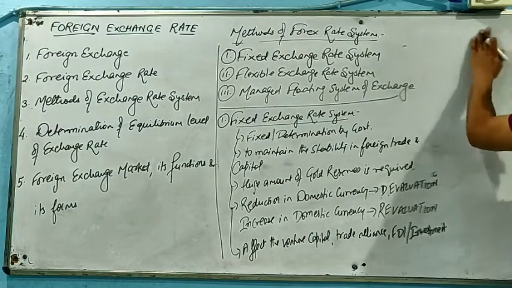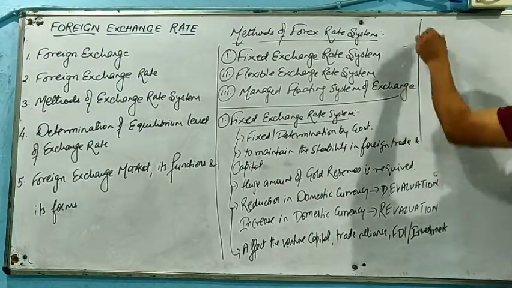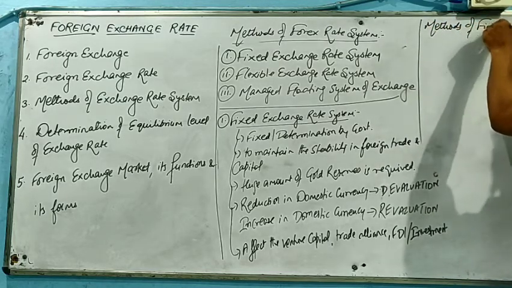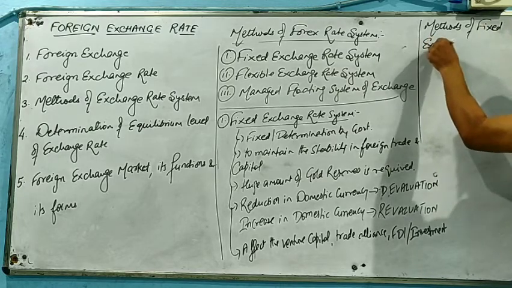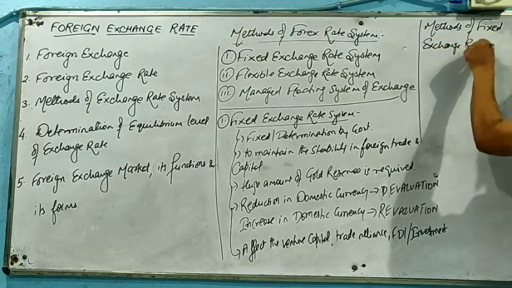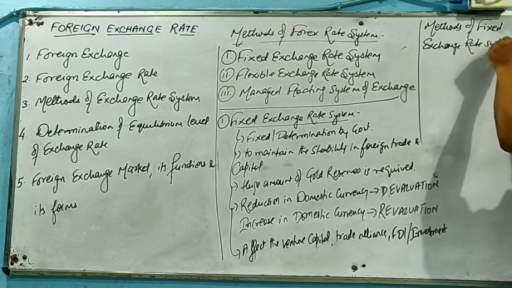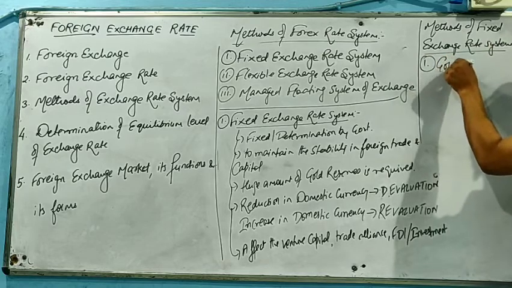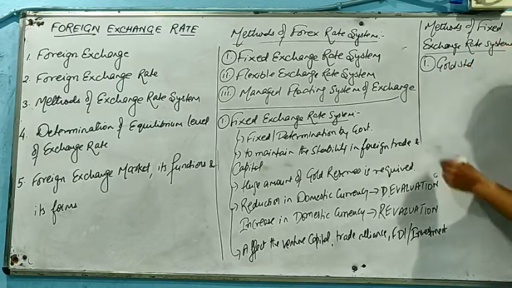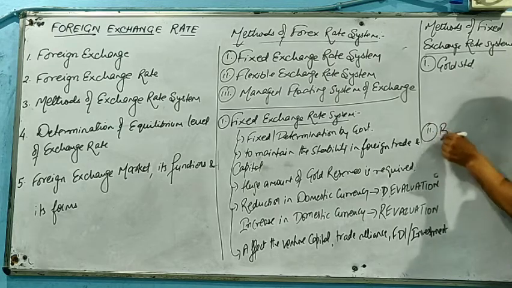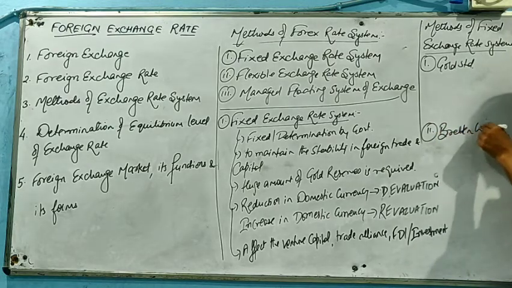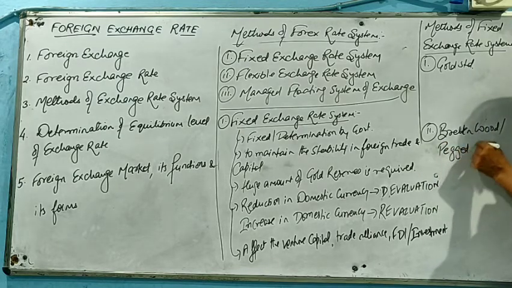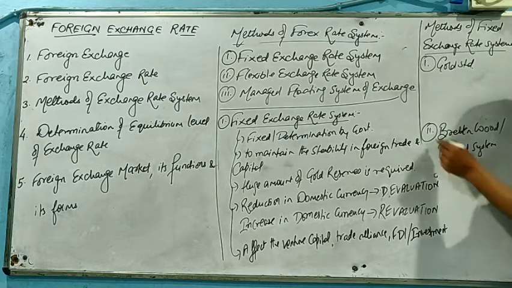Now there are two methods of the fixed exchange rate system. One is the gold standard exchange rate system, and another one is Bretton Woods, or the pegged system of exchange rate.